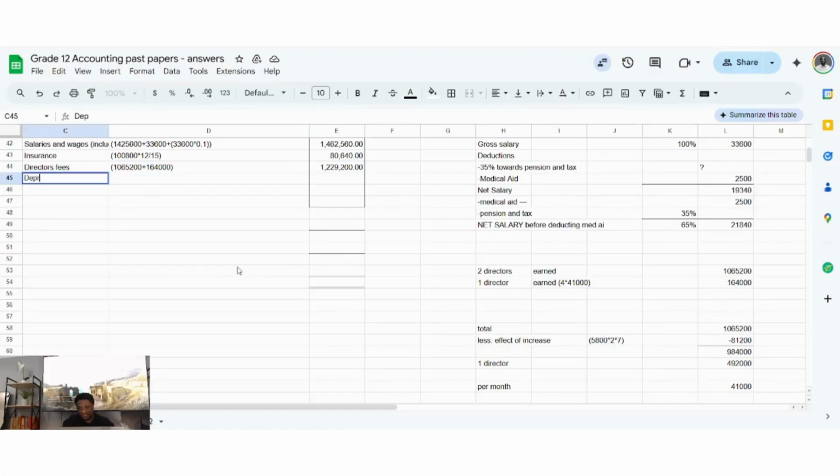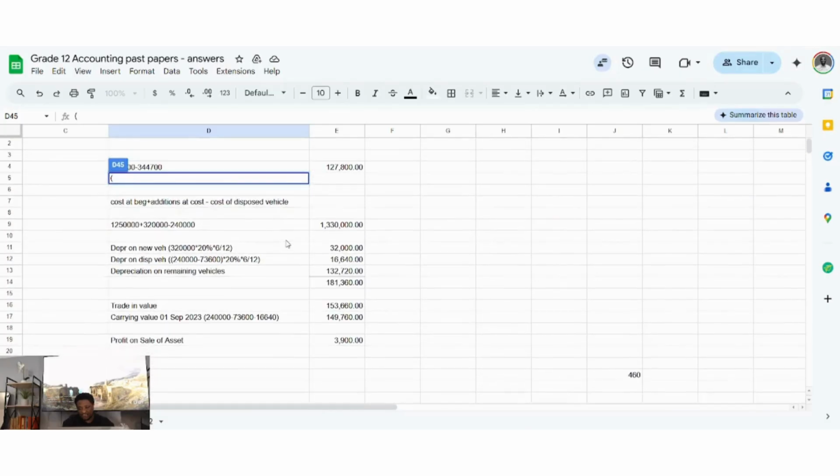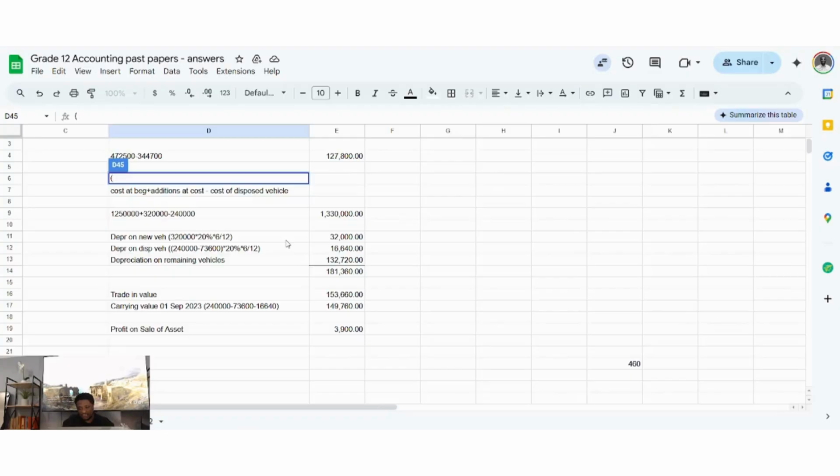So the first thing that you're going to consider is depreciation, and let's remember that our depreciation, we already did calculate this, we just need to go above in the information. Remember that the first question was the depreciation on equipment, which is 127,800, and then we calculated depreciation on vehicles, which was 181,760.